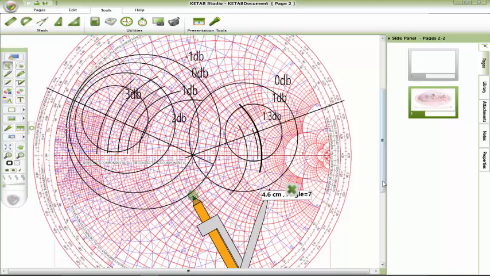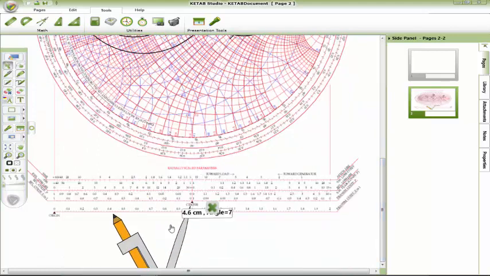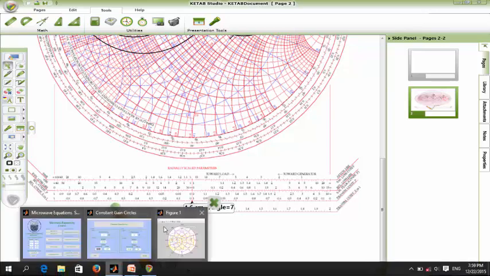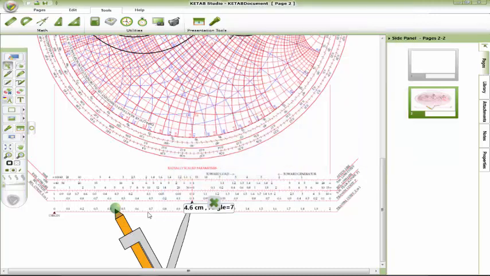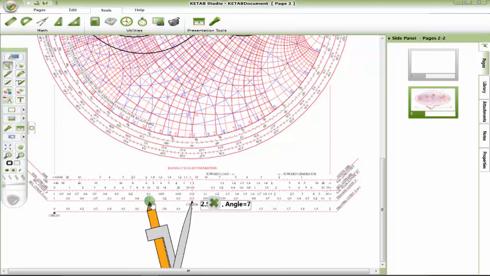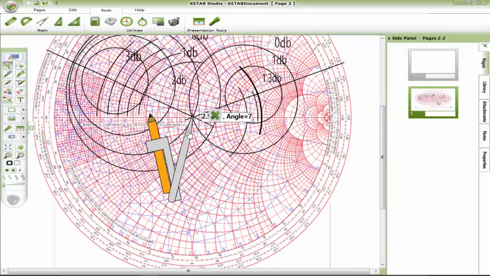For the load, we put the center here and we get 0.33 and radius 0.53. This is 0.33. We have it here.